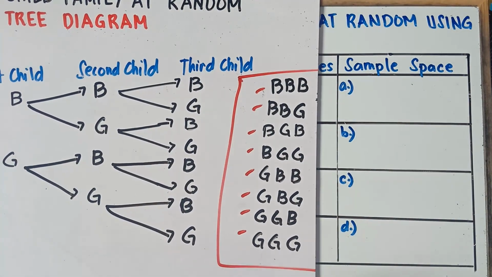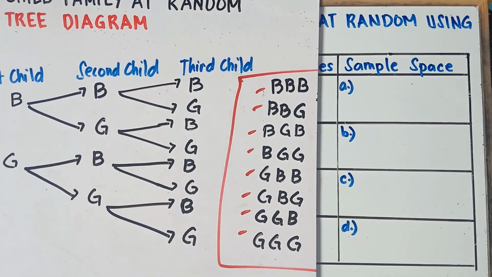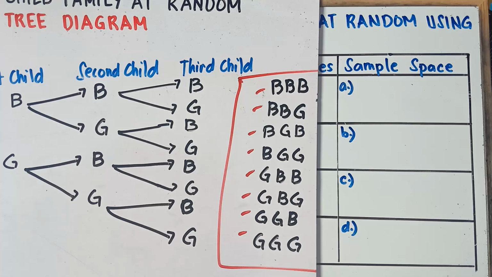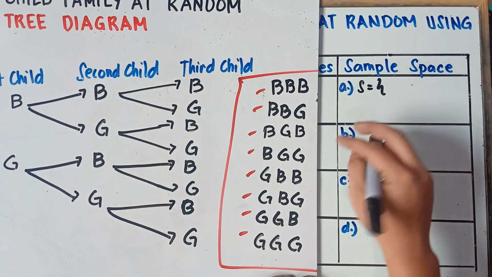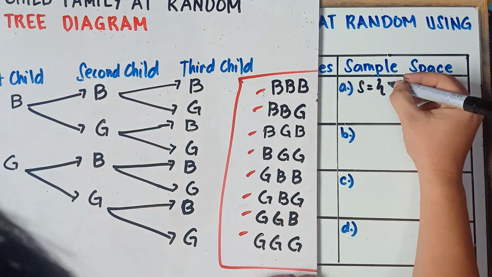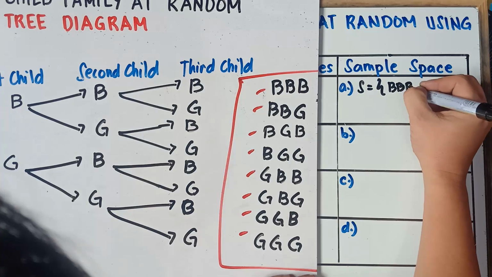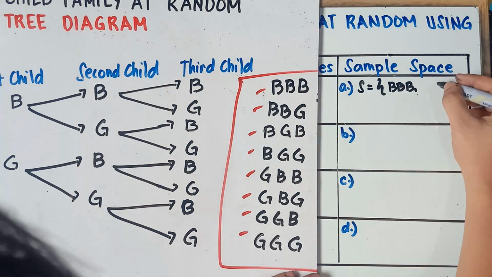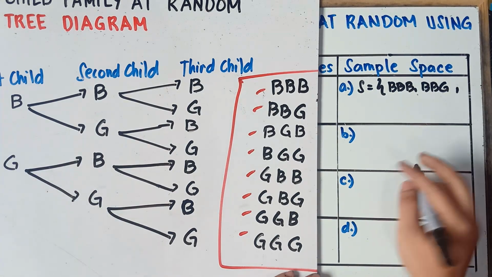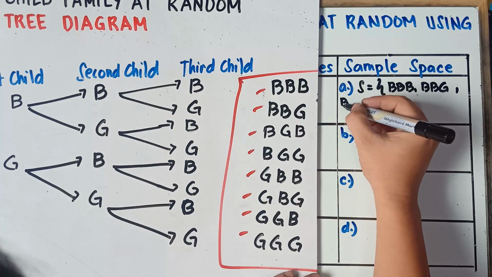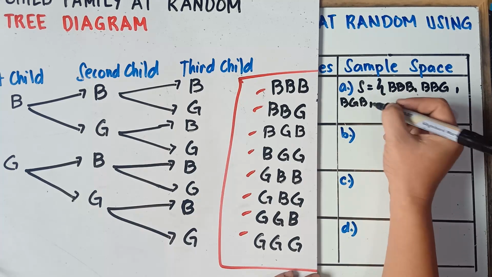So let me just copy this one. So once again, class, sample space is denoted by capital S. So S, that would be the set of all outcomes. So we have all boys. Alright, and then 2 boys, then 1 girl. Alright, and then the other one, we have boy, girl, and then boy.